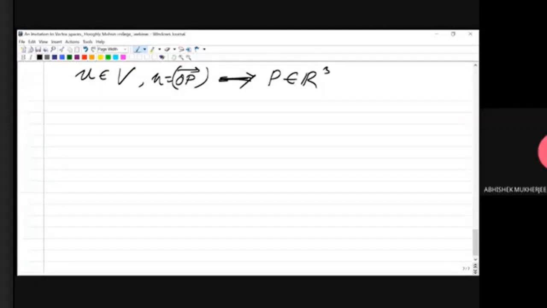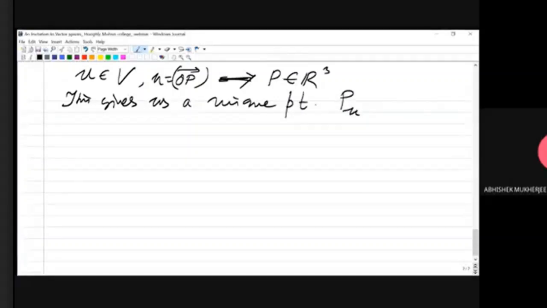So this gives us a unique point. Suppose we can denote this by PU in R3.